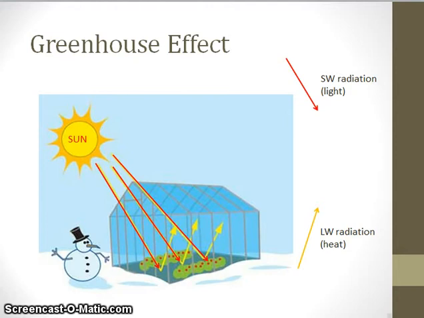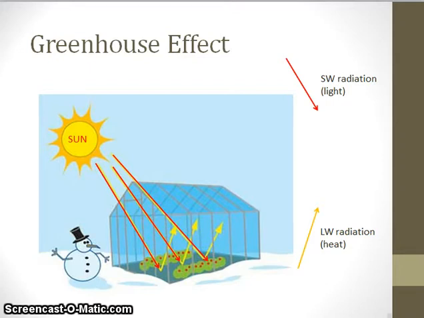When that shortwave radiation hits the surface of the Earth, it is converted to long wave or heat radiation. So you can have a glass surface like this greenhouse, where the insolation comes into the greenhouse, hits the floor, is converted into long wave radiation, and then is trapped in the greenhouse to heat up that building.